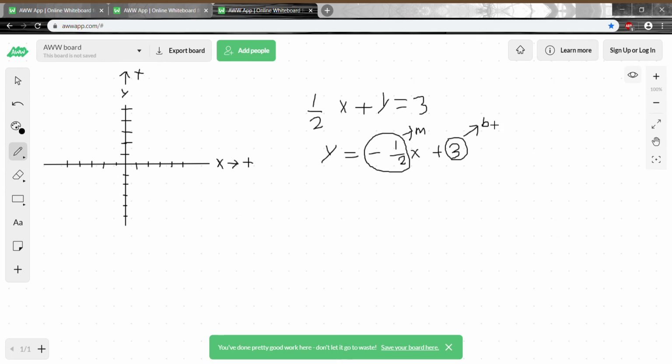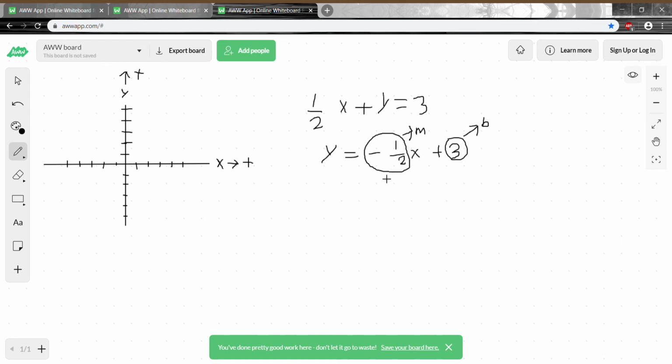And what the b term tells us in slope-intercept format is that the line crosses the y-axis at y equals 3. So when x is equal to 0, y is equal to 3.